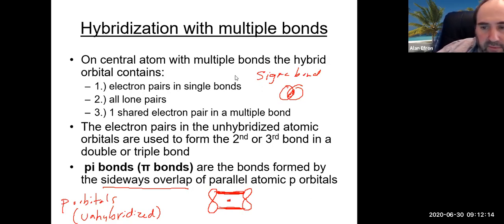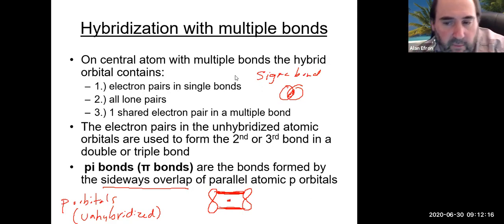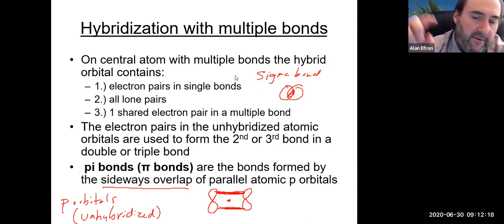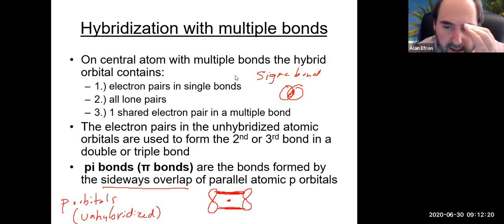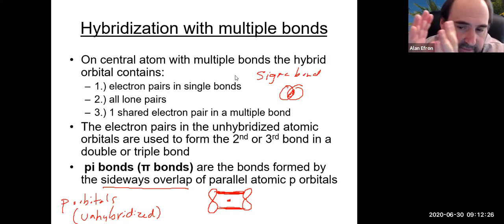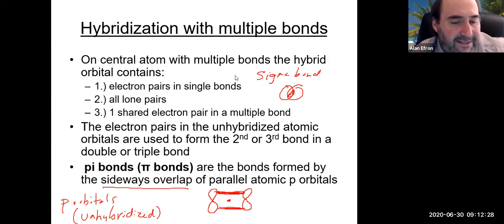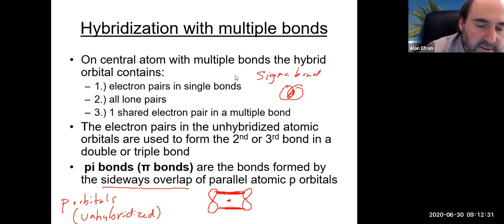These p orbitals, which are unhybridized, look just like regular p orbitals in that figure 8 way, and they overlap sideways instead of heading straight at each other. The top lobe overlaps with the bottom, and we get this sideways overlap. And that results in a type of bond which is known as a pi bond.